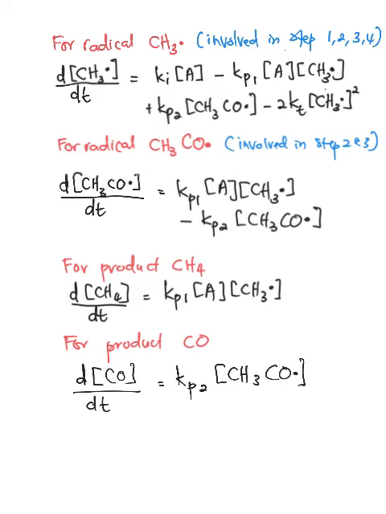Why am I not writing the mass balance equation for radical CHO, which only appears in step 1, and for the side product C2H6, which only appears in step 4?